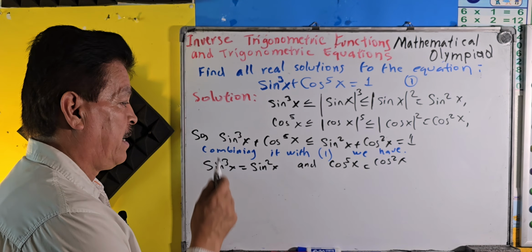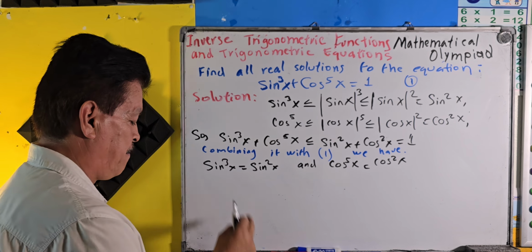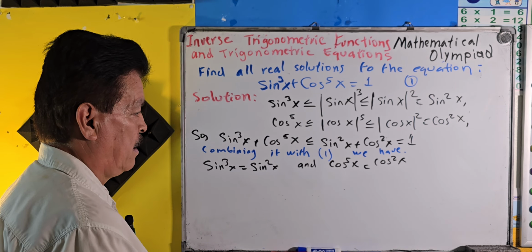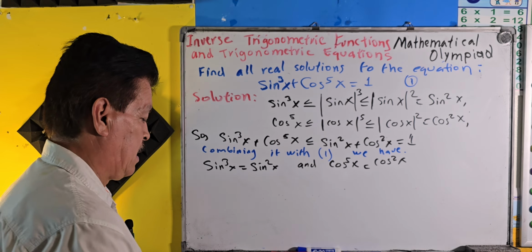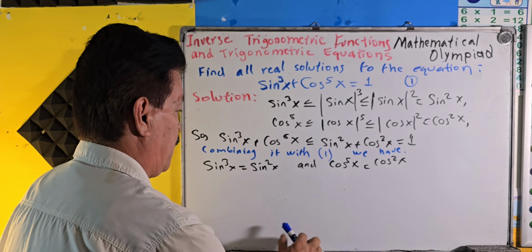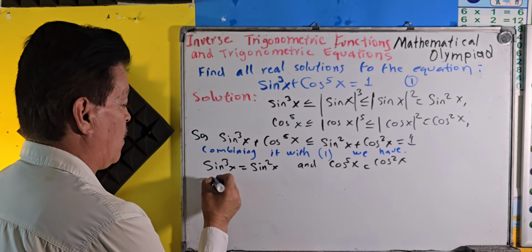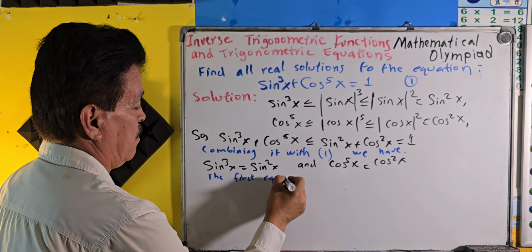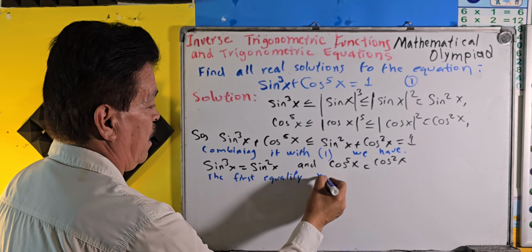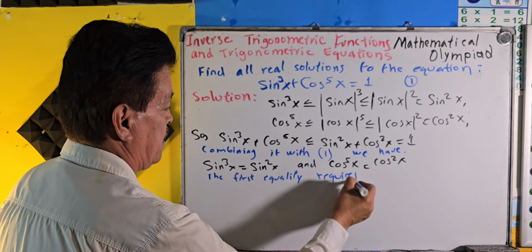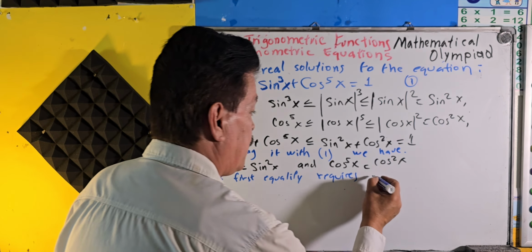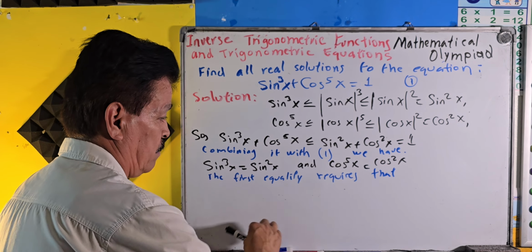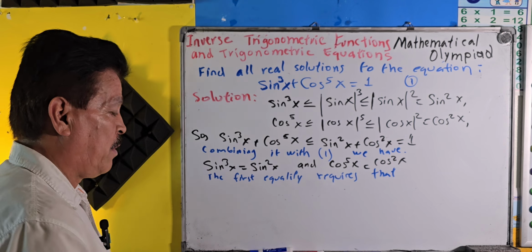The first equality here requires that, let me write it, I mean, the first equality, this one, requires that, that is another step. I write it because later we don't know why.